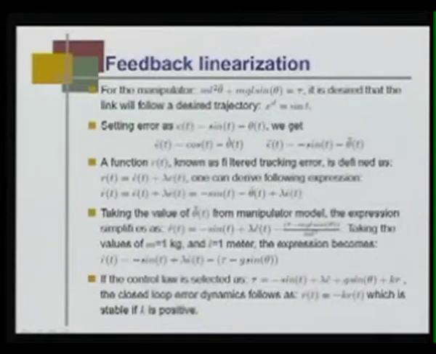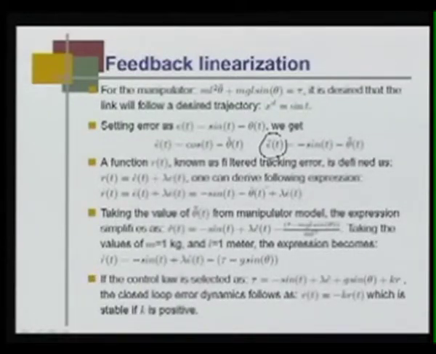If I select a filtered tracking error r(t) to be E dot t plus lambda E t, then I can write r dot t as E double dot t plus lambda E dot t, and this E double dot t can be written as minus sin t minus theta double dot t plus lambda E dot t.